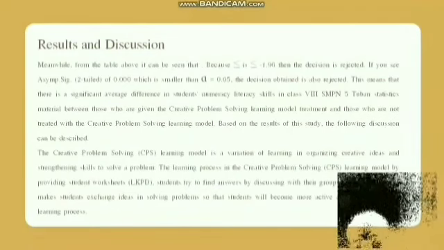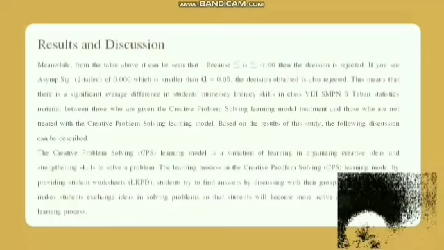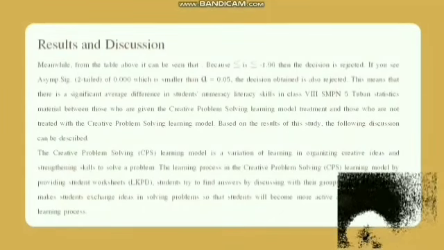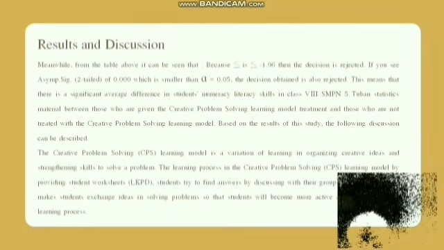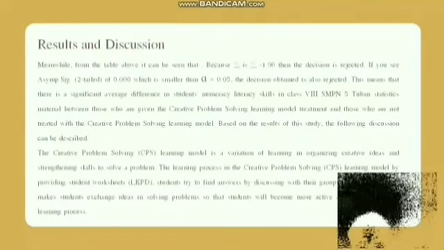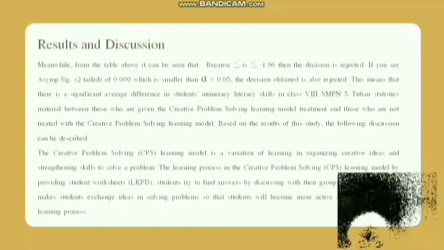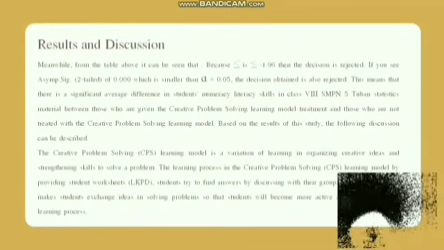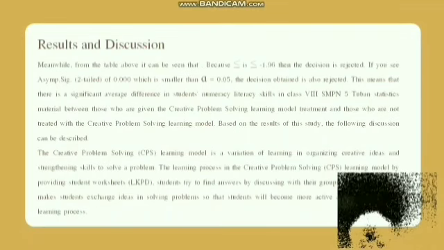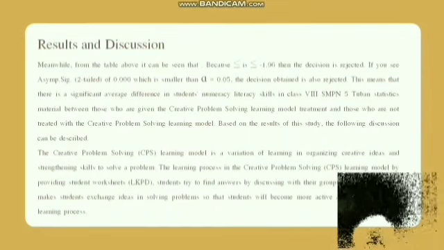If you see the p-value, it is 0.000, which is less than alpha equal to 0.05. The decision obtained is also rejected.